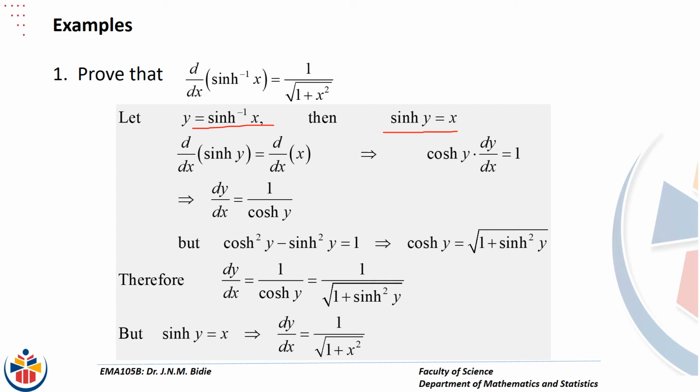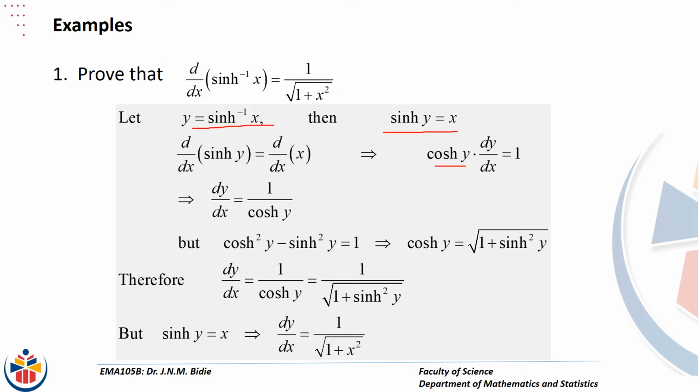and chain rule. So the derivative of sinh y will then be equal to d over dx of x. And then we have the derivative of sinh y, we know is cosh y times dy over dx equal to 1. And then that means dy over dx is equal to 1 over cosh y.